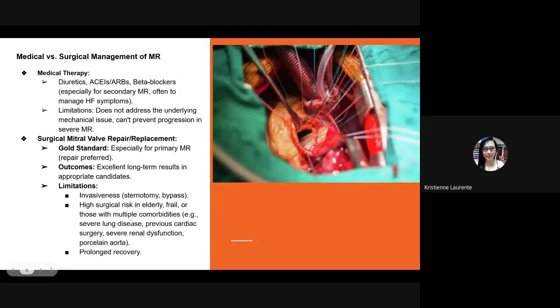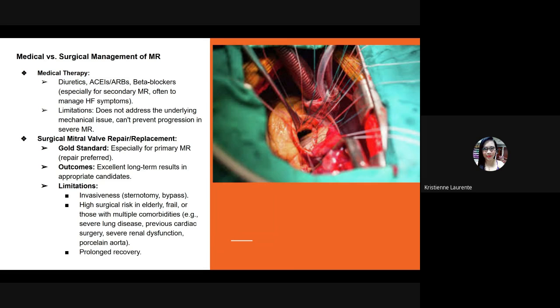So now we have the medical versus surgical management for mitral regurgitation. So remember that primary MR is a valve problem and secondary MR is a ventricle problem.